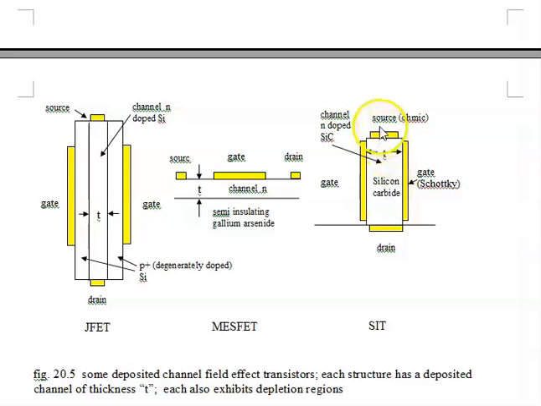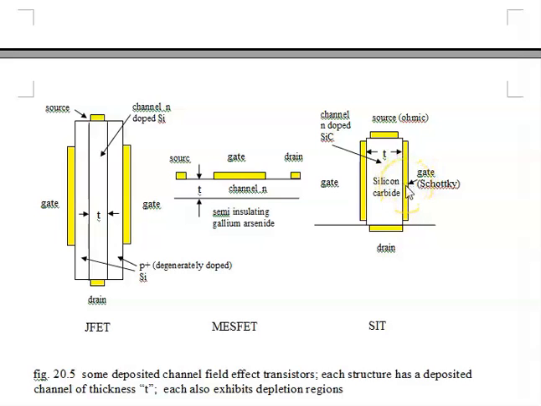It also uses, just like the JFET, a vertical structure, with a source contact on top of the device and a drain contact, which is generally the substrate itself. Here, I have to apply a Schottky.